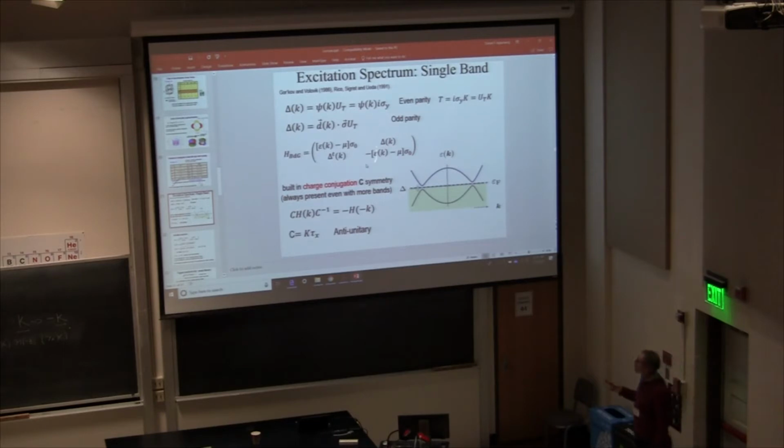One important feature in this Hamiltonian, which plays a central role in all the topological arguments that we're interested in today, is that this Hamiltonian has a built-in charge conjugation symmetry. In particular, you can see maybe qualitatively that if I flip the electron and the hole, so I've interchanged those two, I have some sort of symmetry in the Hamiltonian.